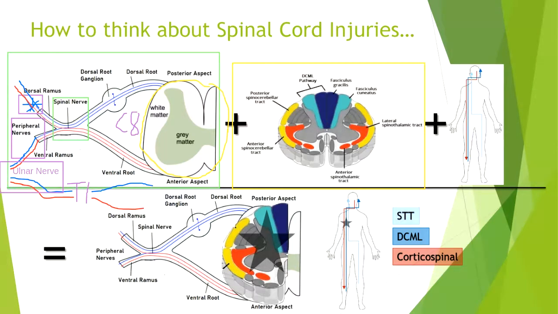Now, for some reason, the person who created this image, which was not myself, didn't think that the lateral corticospinal tract was important, so they didn't put it in there. So I'm just going to color it in green for you. These two triangle shapes here are our lateral corticospinal tract. So they're carrying our motor information.